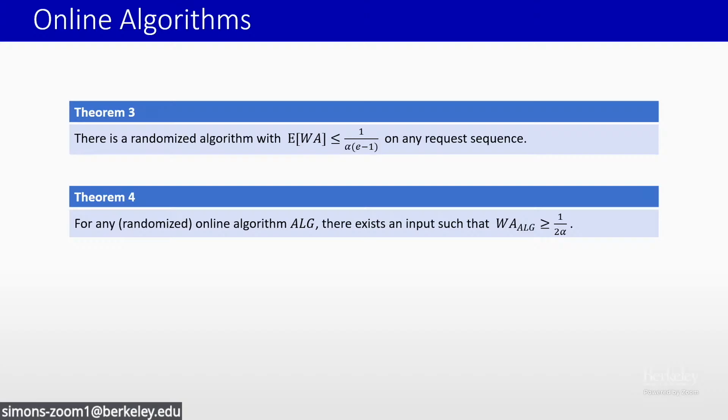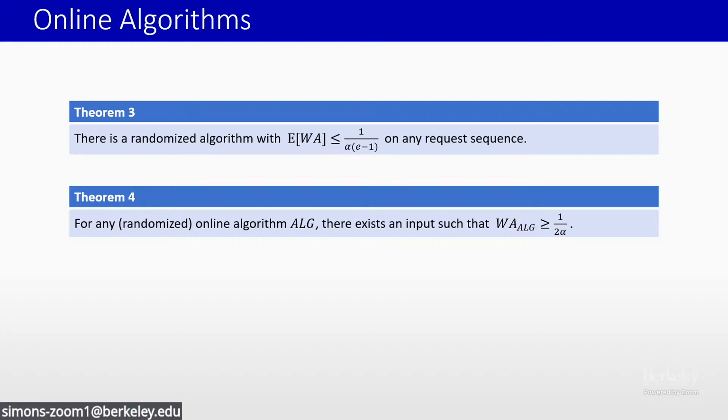Randomization. We can show that there is a randomized algorithm. It's not a simple algorithm, and it improves the write amplification by a little bit. In the denominator, I'm going to have alpha times (e minus 1).